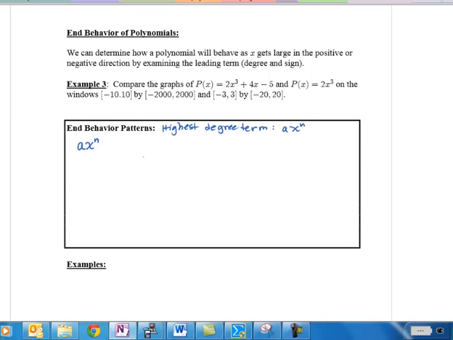We have ax to the n, where n is even and a is greater than 0. We have ax to the n, where n is even and a is less than 0. We have ax to the n, where n is odd and a is positive.